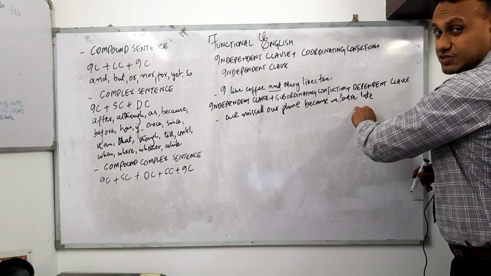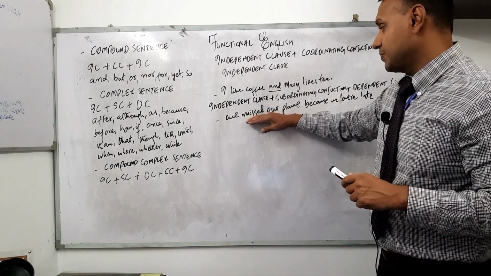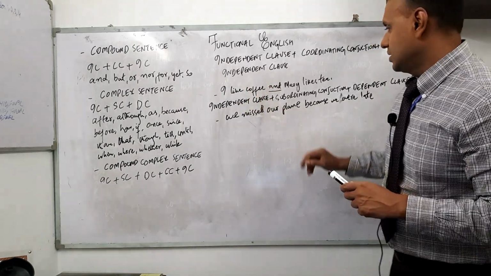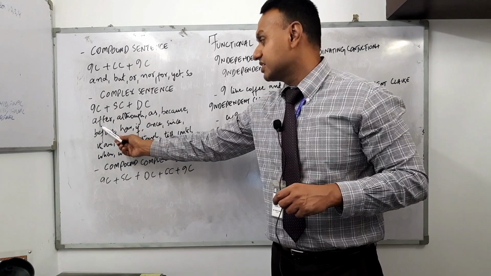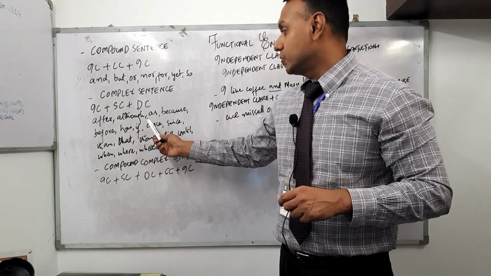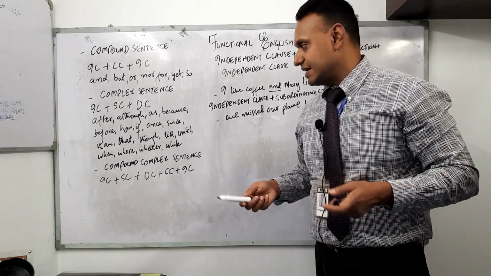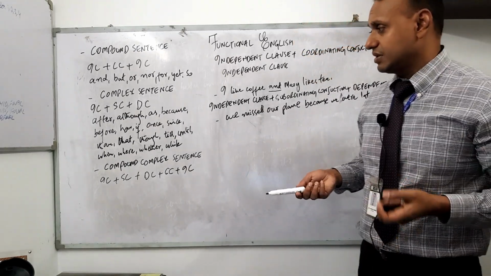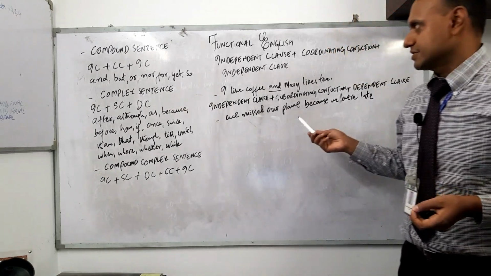It does not make sense on its own. It cannot stand on its own. But we missed our plane is an independent clause, and they are joined by the subordinating conjunction. Examples of subordinating conjunctions are after, although, as, because, before, how, if, once, since, then, that, though, till, until, when, where, whether, while. And this is called a complex sentence.